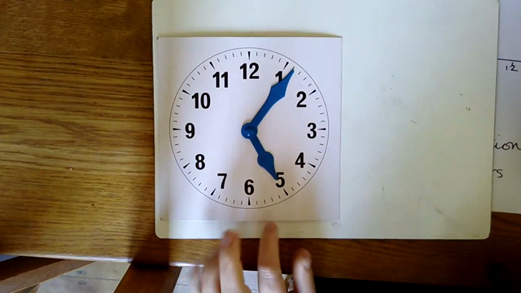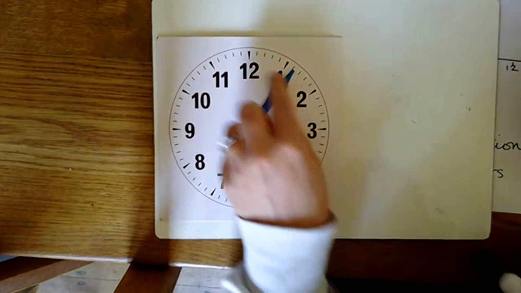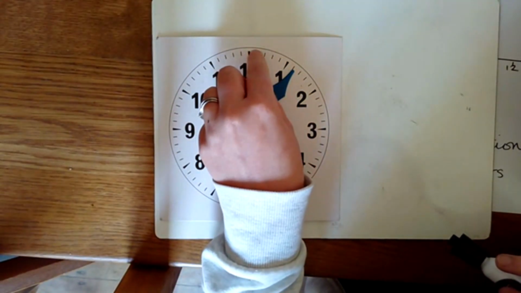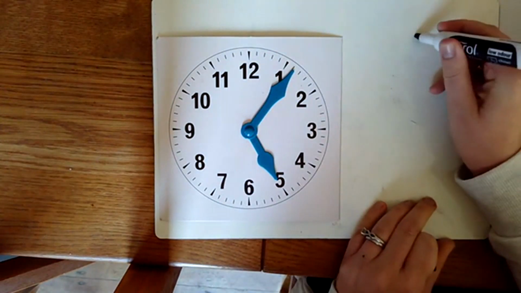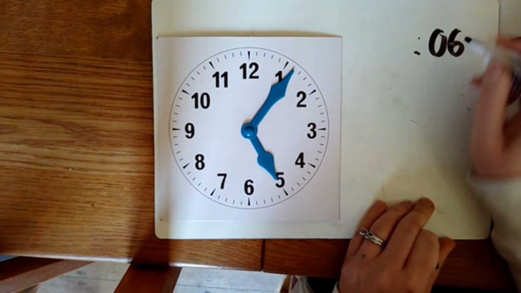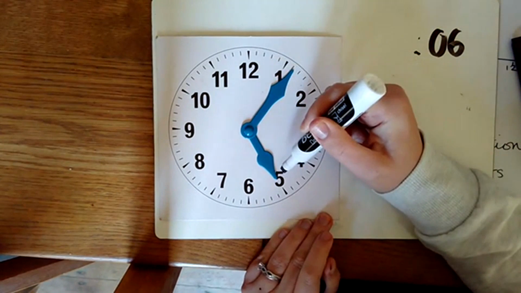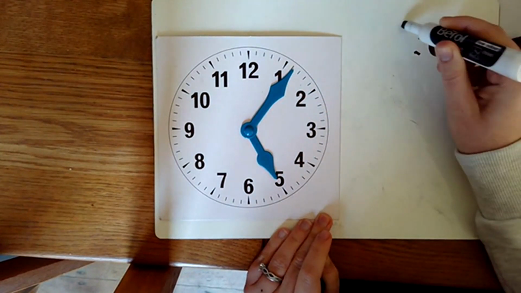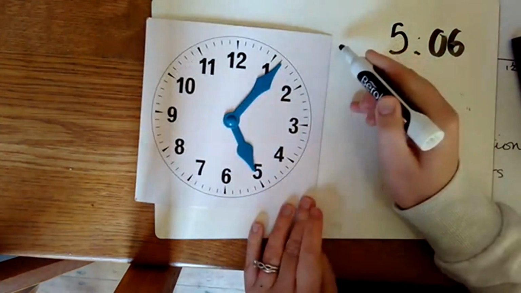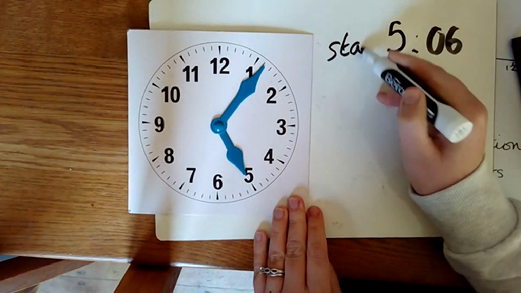It's past. It is 1, 2, 3, 4, 5, 6. So it's 6 minutes past. What's my hour? Short hand. 1, 2, 3, 4, 5. It is 6 minutes past 5. That is going to be my start time.